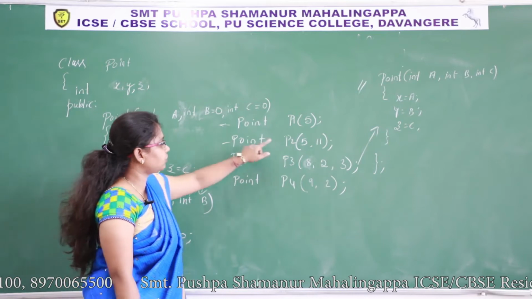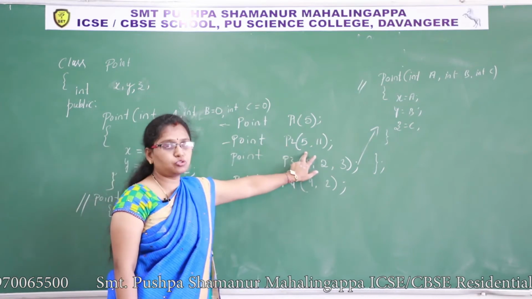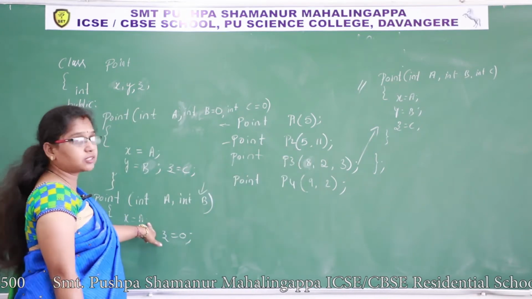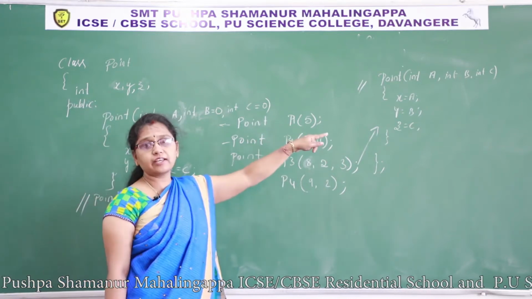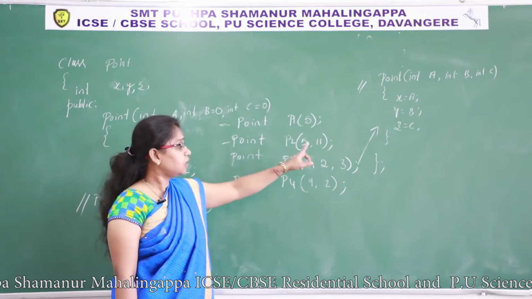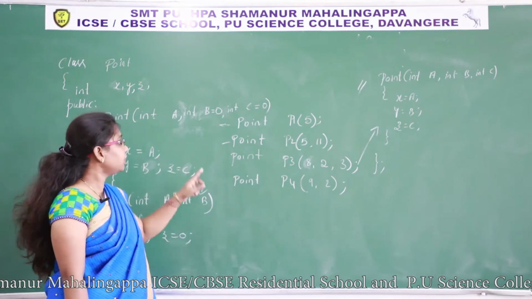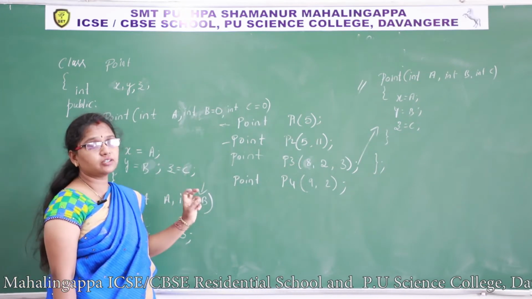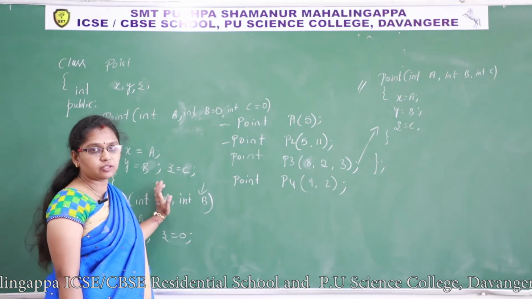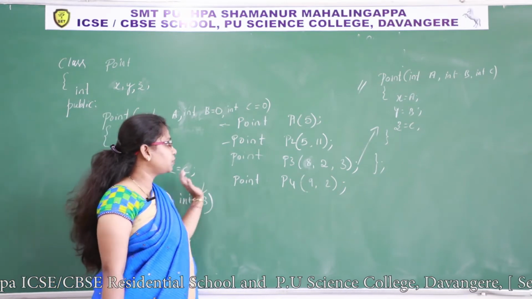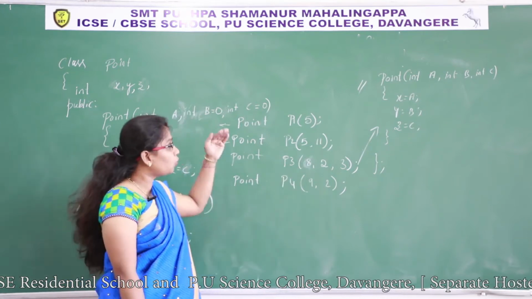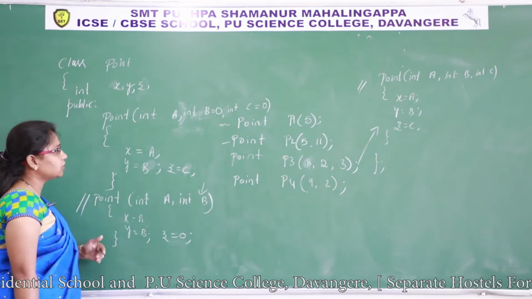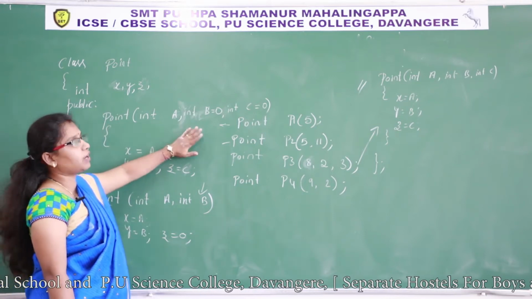For this object creation, here I am passing two arguments, so that constructor has to execute, and for P3 that constructor has to execute, isn't it? So there must be a different constructor definition in the class definition in order to match the object creation, however many arguments you are passing. To avoid that many constructor definitions, we can use default values here.